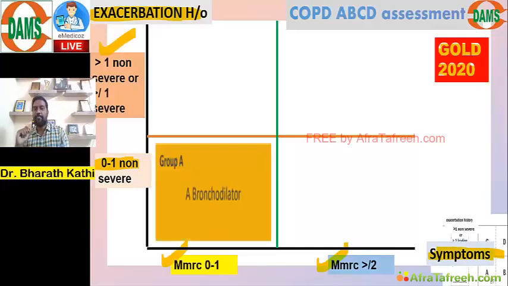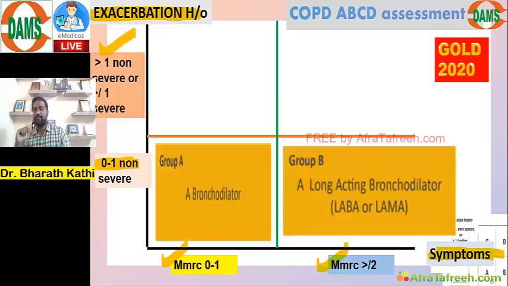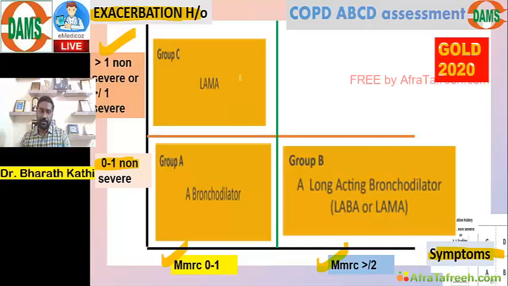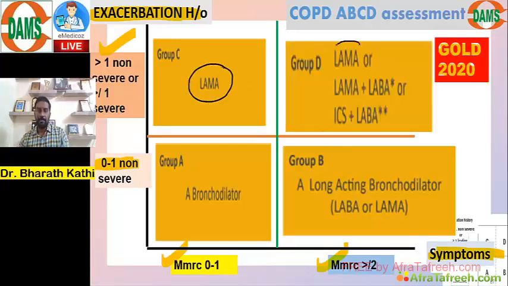So Group A, single bronchodilator will be sufficient. Group B, definitely a long-acting bronchodilator. Group C, you should go for the most effective bronchodilator, long-acting muscarinic antagonist. Group D, you can start with LAMA. If persistent symptoms, patient should be changed to LAMA plus LABA.